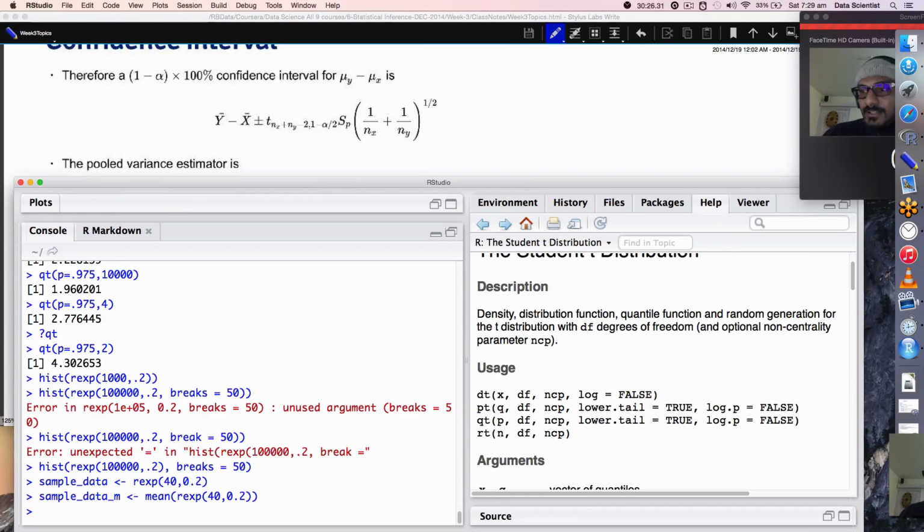Is this clear? Then I can split it up and create the data. So let's say my n is 40, and let me call it m. M is the number of times I'm taking the samples, so I say 1,000.